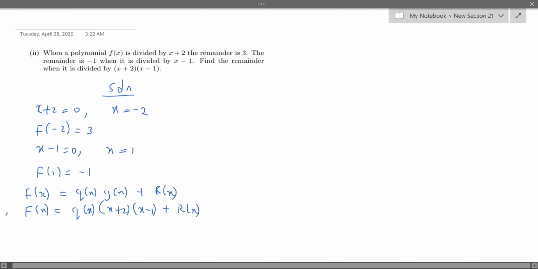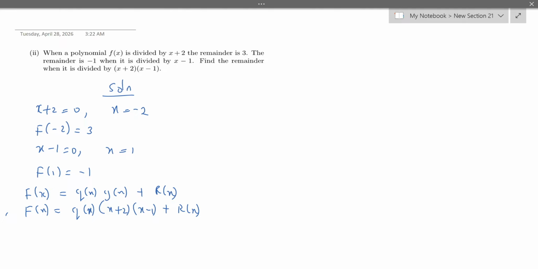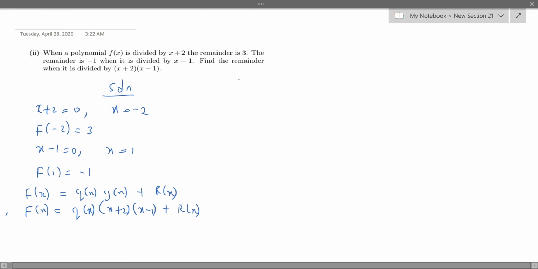For example, if you divide f of x by g of x, and g of x is linear, a linear expression, r of x will be a constant.